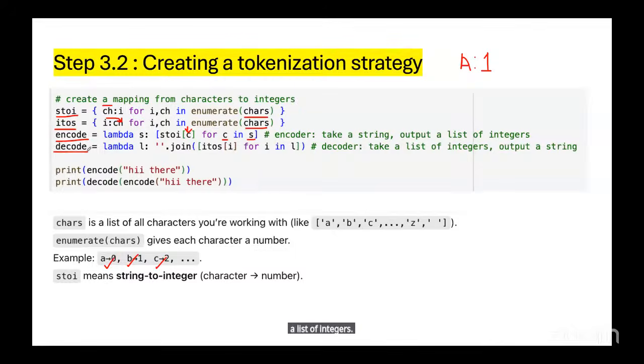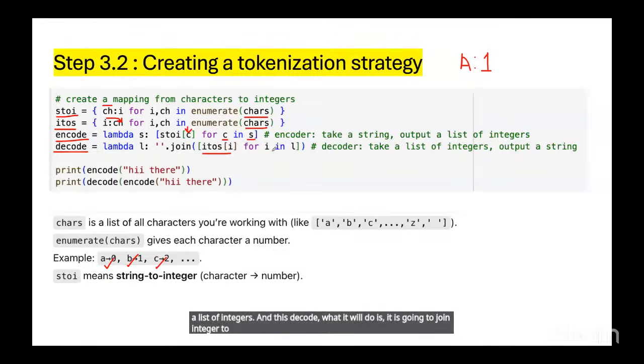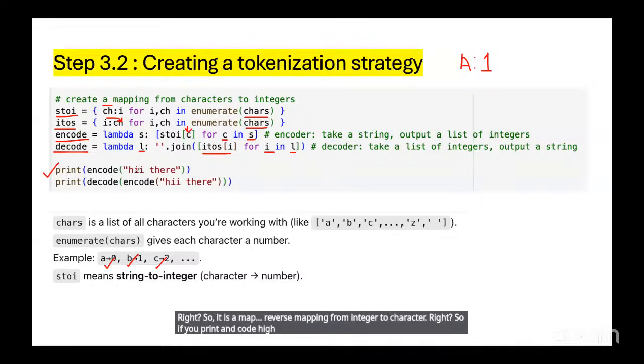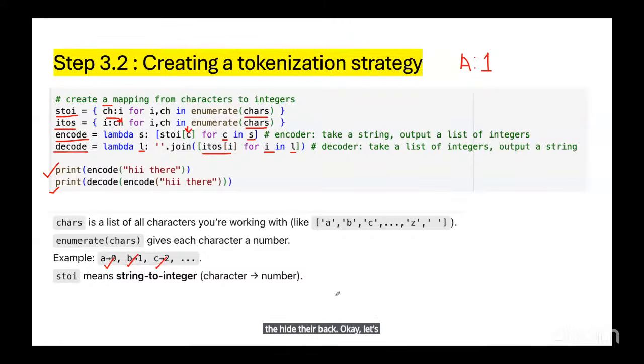And this decode will join integer to string for each i in l, so in this list, it converts every integer back into a character. So it is a reverse mapping from integer to character. So if you print encode of hi there, it will print numbers that represent hi there. And if you print decode of whatever you encoded for hi there, you will see the hi there back. Okay, let's do it in code.